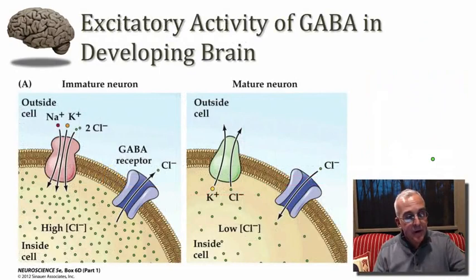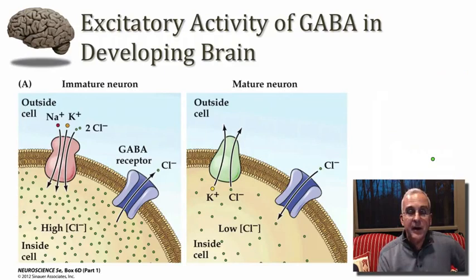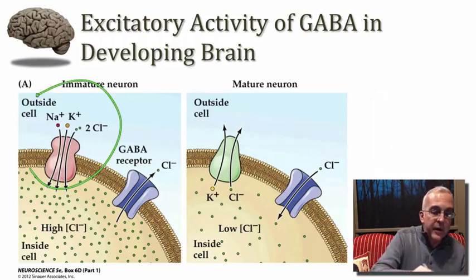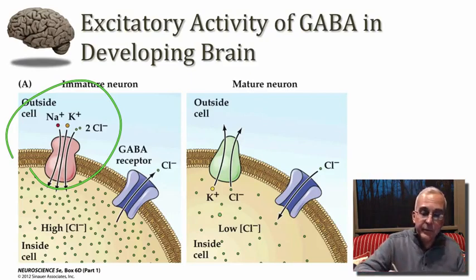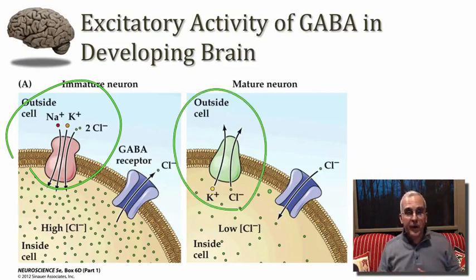When we look at the pumps for establishing chloride gradients in the developing brain, we realize that there is actually a difference. There's a bit of a switch that takes place during brain development, at least for most neurons in the model species for which this has been studied so far. What we find is a particular type of chloride transporter that is expressed in immature neurons, and then as these neurons grow up a bit, a different transporter is expressed, and that transporter reverses the chloride gradient.